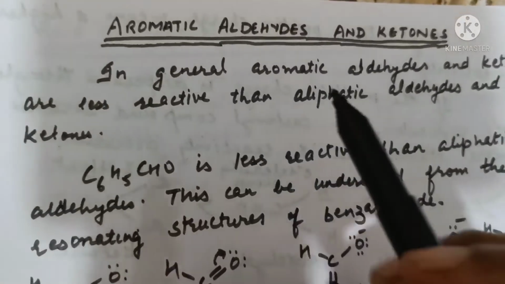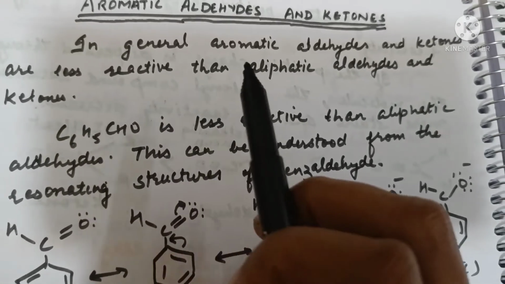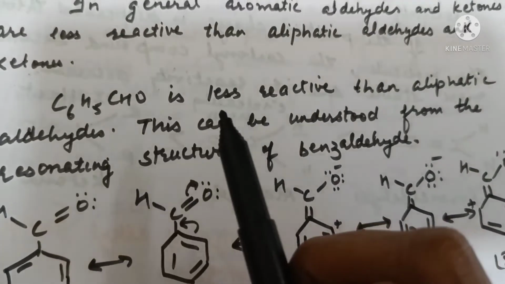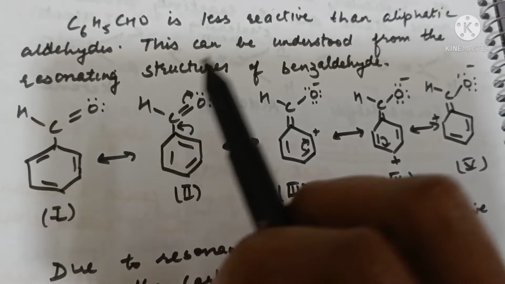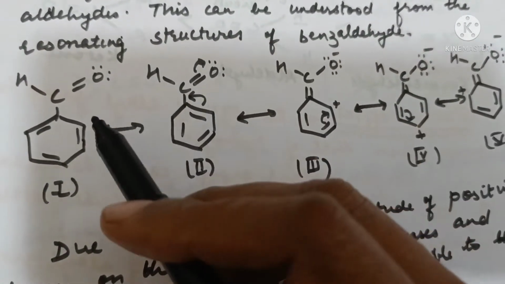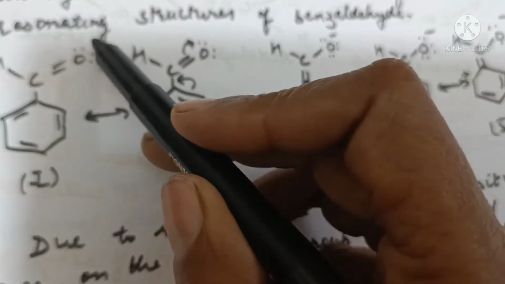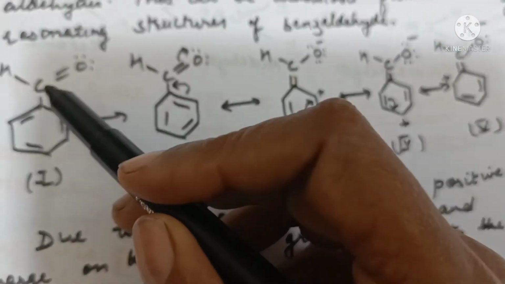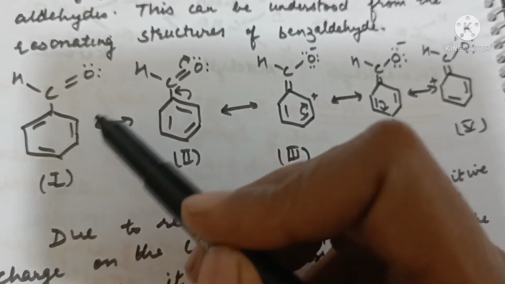In case of aromatic aldehydes and ketones, they are less reactive than aliphatic aldehydes and ketones. For example, benzaldehyde is less reactive than aliphatic aldehyde. This can be understood from the resonating structures of benzaldehyde. We see that when the electrons move to the oxygen atom, the electrons of the phenyl ring will move towards it, decreasing the positive charge on the carbon atom and thus decreasing its reactivity.